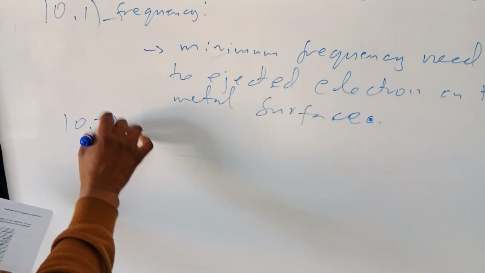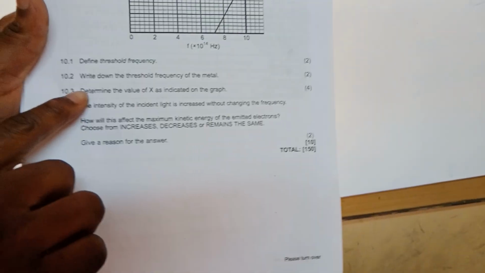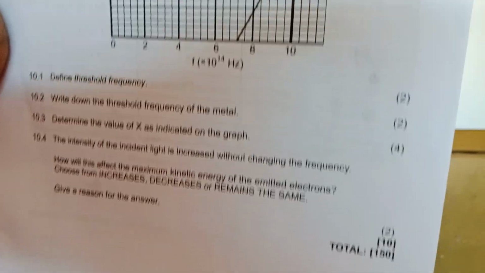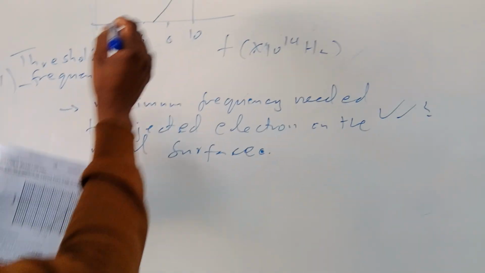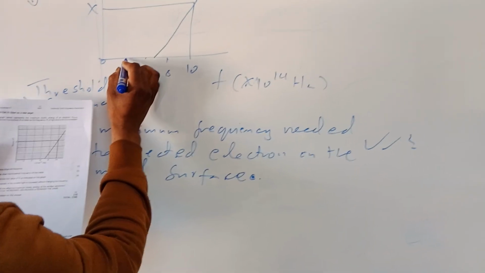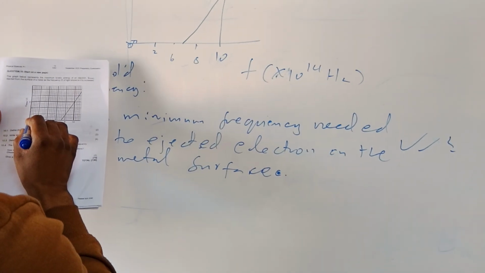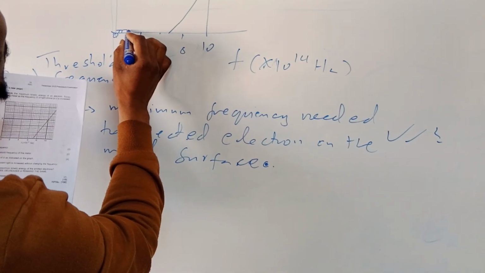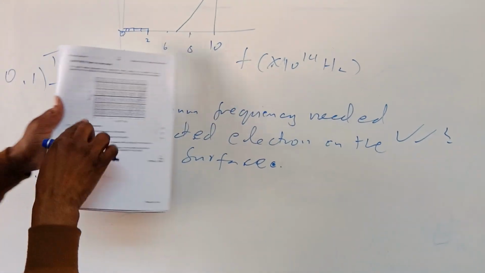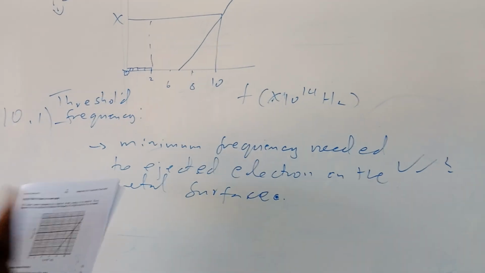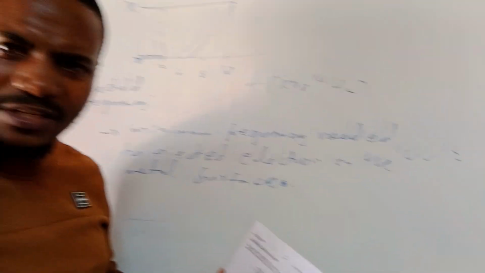Then we go to question number 10.2. It says, write down the threshold frequency of the metal. Between 0 and 2, there are about 1, 2, 3, 4, 5 squares. If you are given a graph, you must use your common sense.